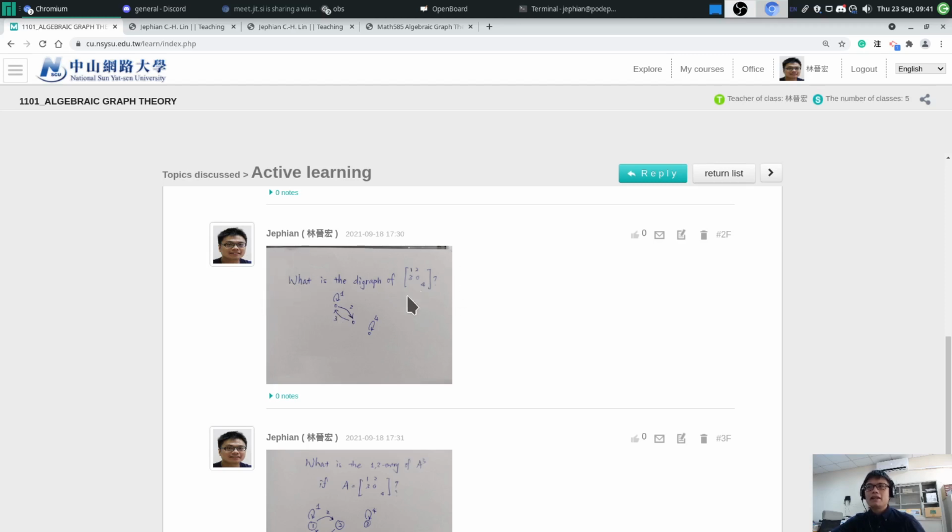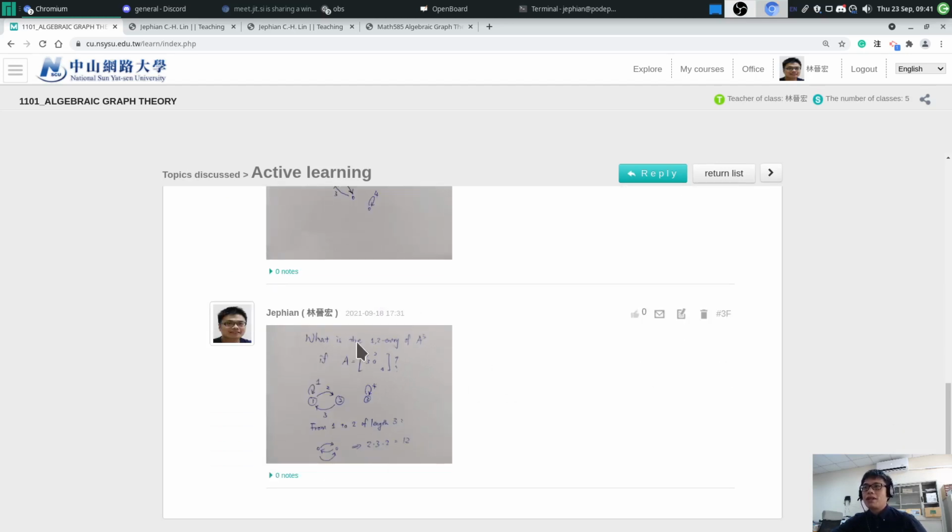This is not necessarily the question, but try to find a question that helps you and also post the answer by yourself. And for example, what is the 1-2 entry of A cubic if A is equal to this matrix? Okay, and there are several ways to do so, and try to keep a note and take a photo and upload to here.